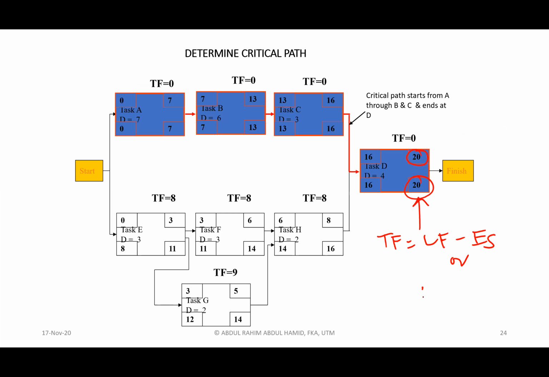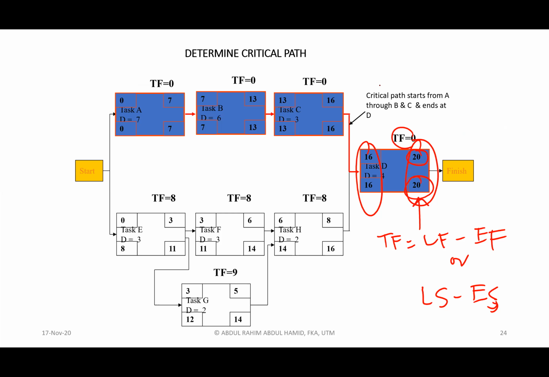Or late start minus early start. So on the right side you differentiate the values, and on the left side between the late start and early start values, either one should give you the same total float value.